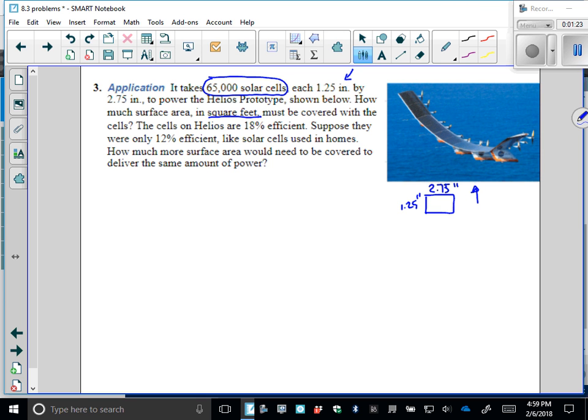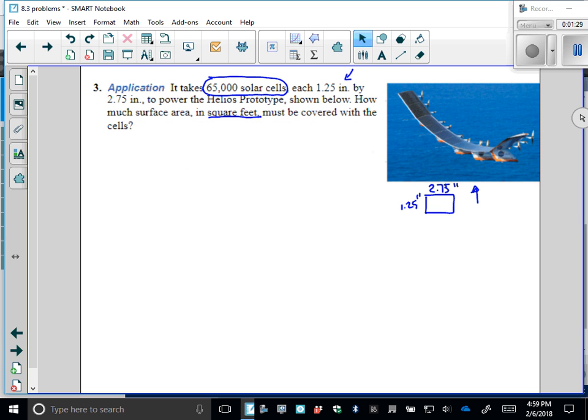And then there's the whole second part of the problem about efficiency, which for right now I'm going to hide. We're just going to focus on the first question. So I need to look at my final question. I want to know how much surface area in square feet must be covered with the cells.